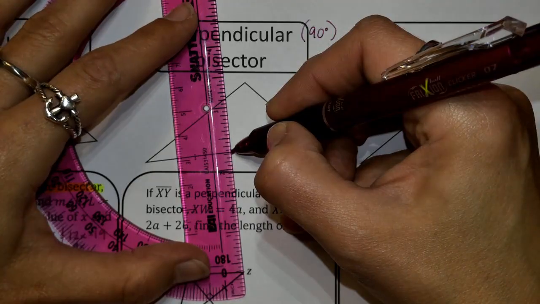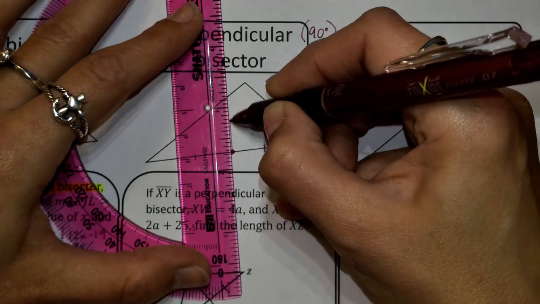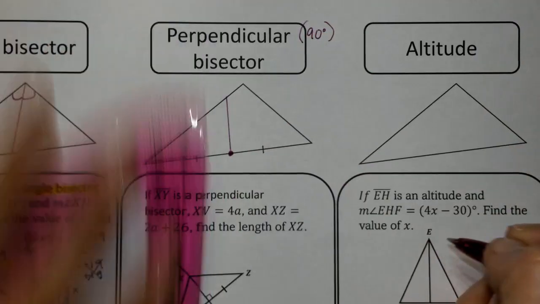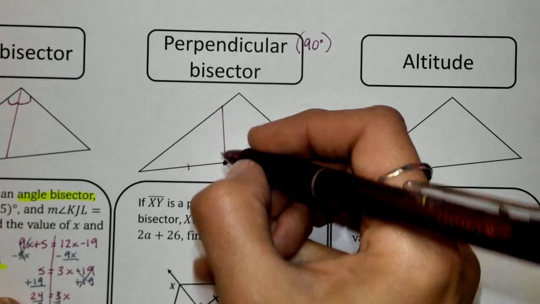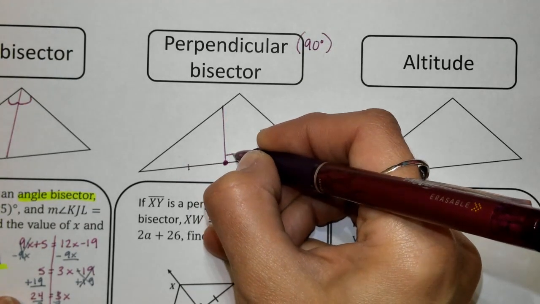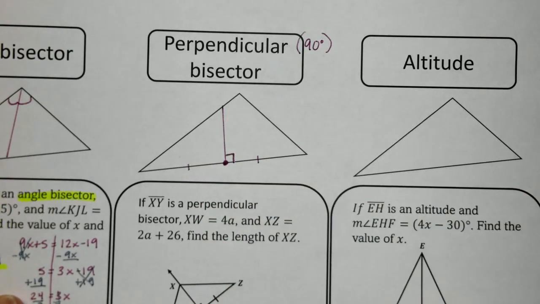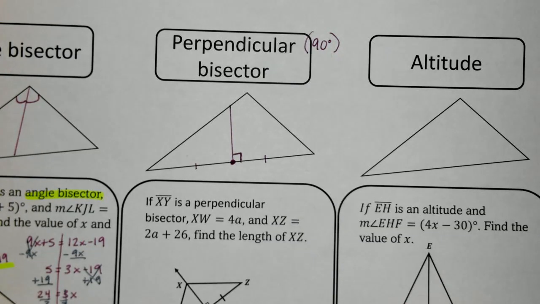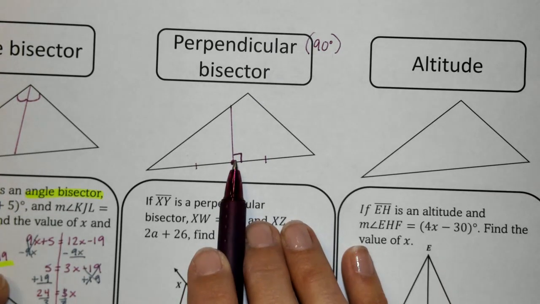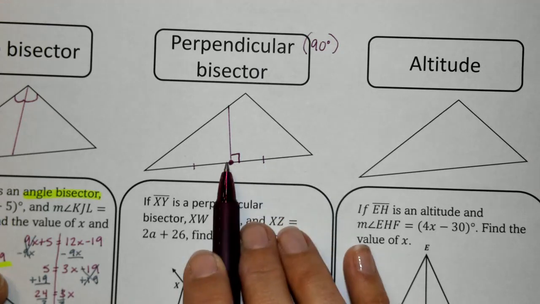In this case, we will not have the perpendicular bisector go through the vertex. But we need to make sure, especially since we did not measure 90 degrees, put your right angle. That way we can say this is supposed to be 90 degrees. These are the markings you're looking for in a perpendicular bisector. Find the segment that has a right angle as well as tick marks on both sides of that midpoint.